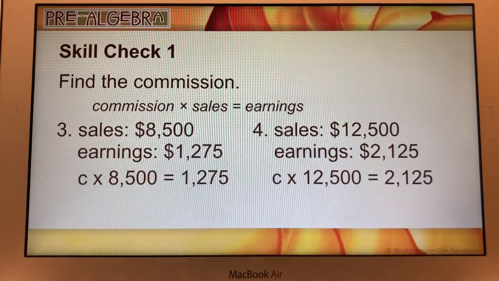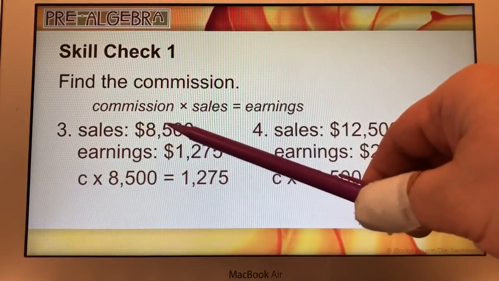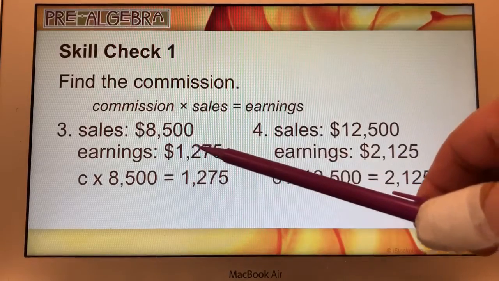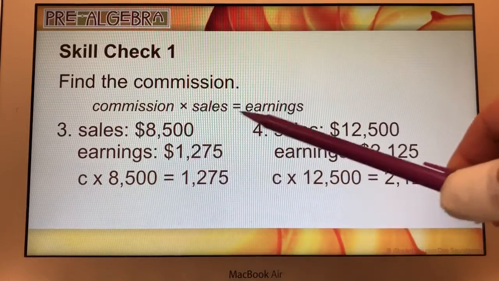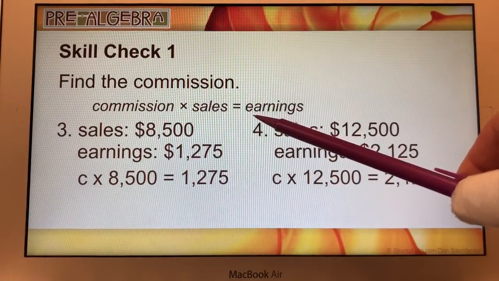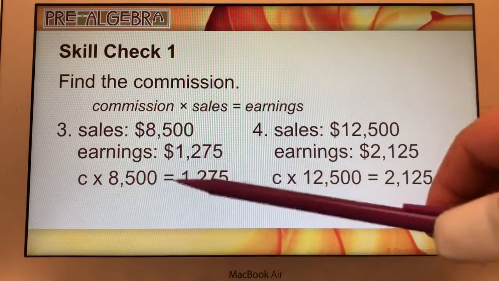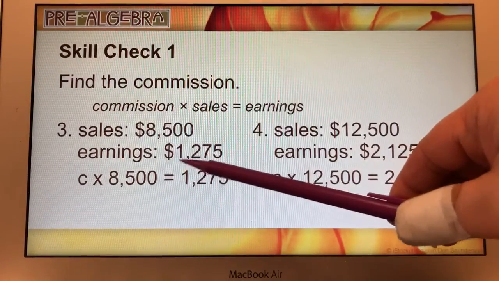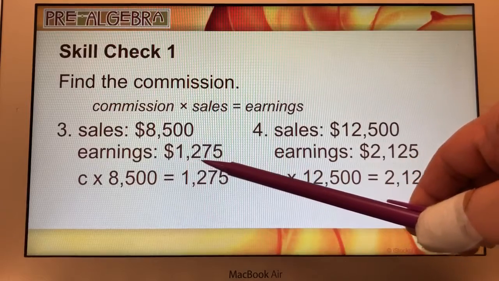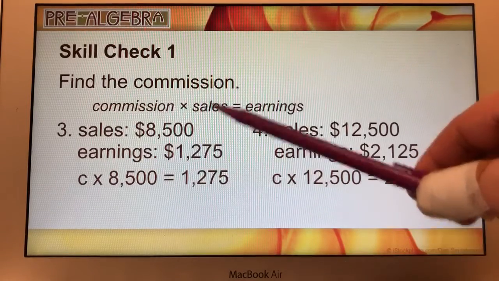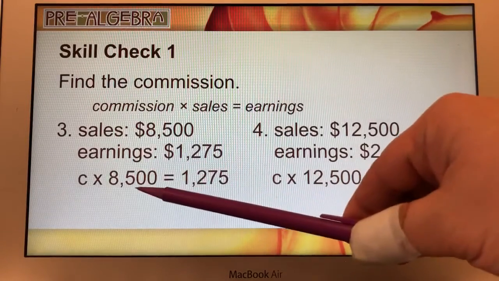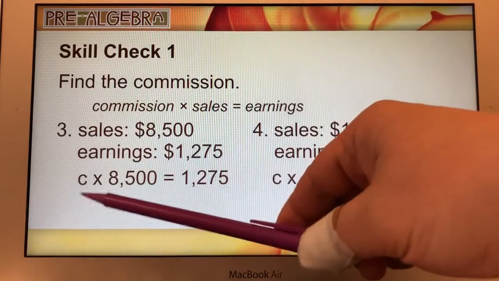Let's say we have a sales of $8,500. Now the earnings, you're given that, and you want to find the commission. The earnings is $1,275. So you're going to plug that into our formula, and we want to find the commission.